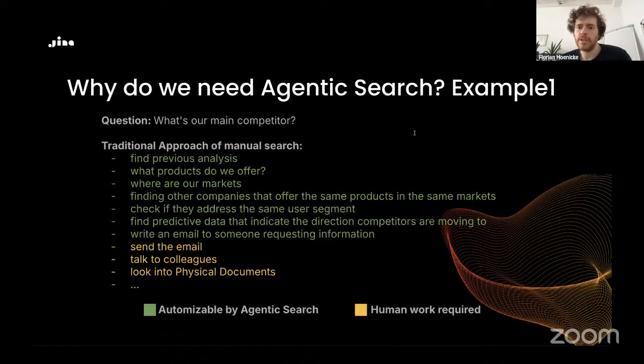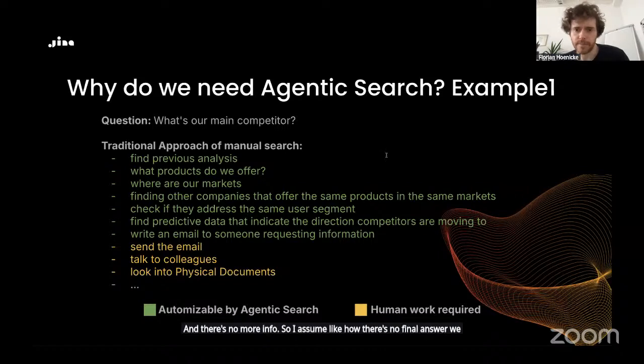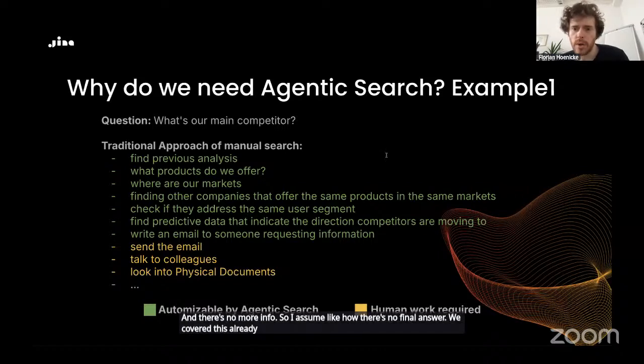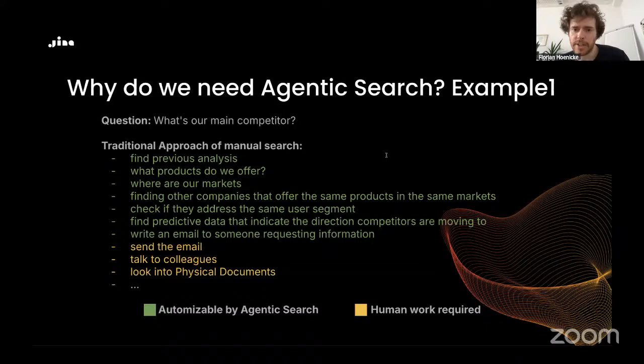How does your agent know it's final and there's no more info? So I assume, how does it know the final answer? We covered this already. Would this rely on the search engine, LLM, and training, or a private or open source LLM?